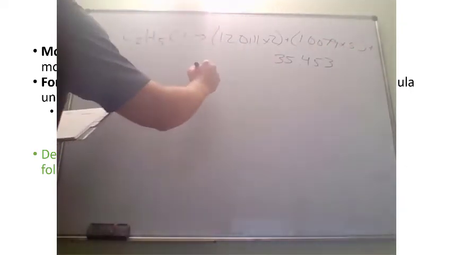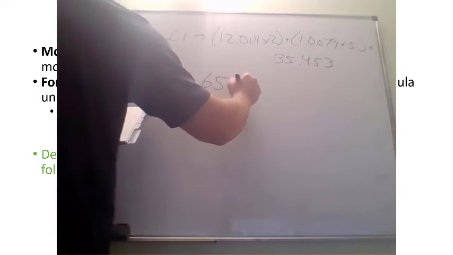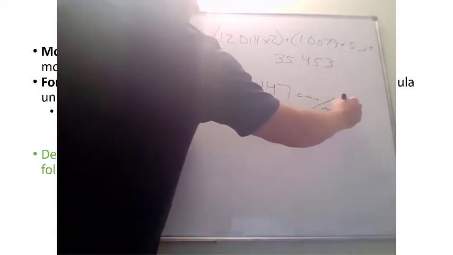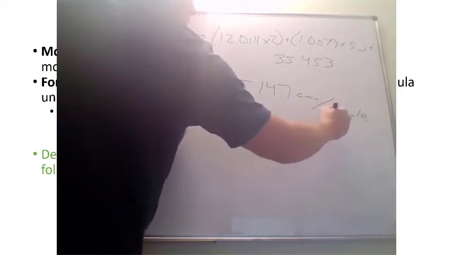And that's going to come together to equal 65.5147 AMU per molecule or grams per mole.